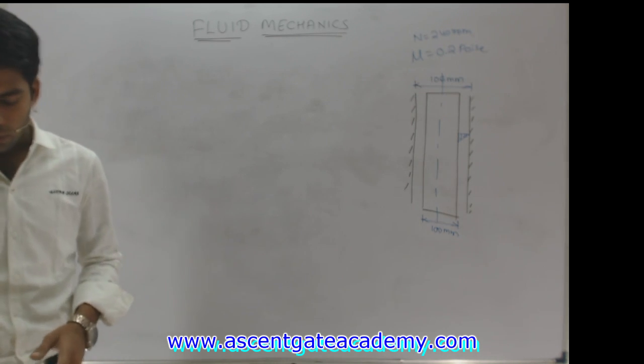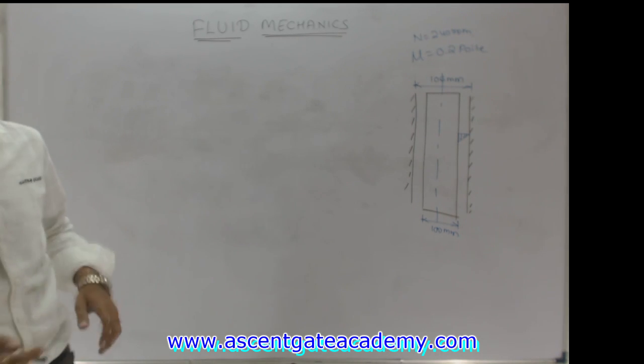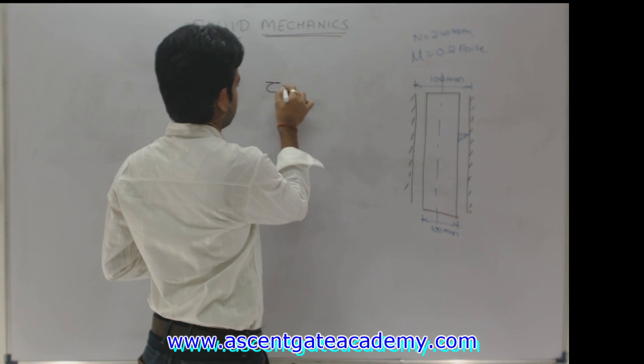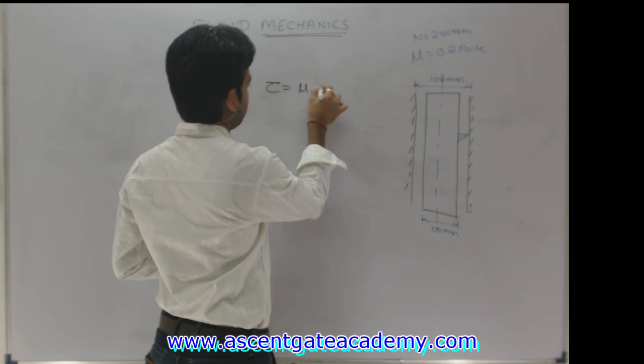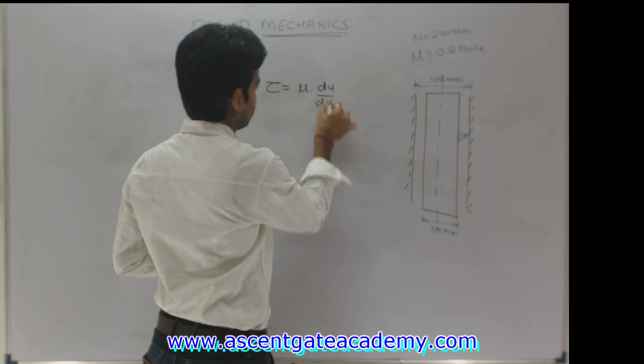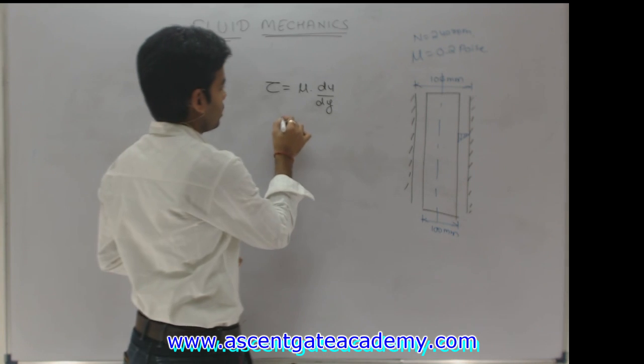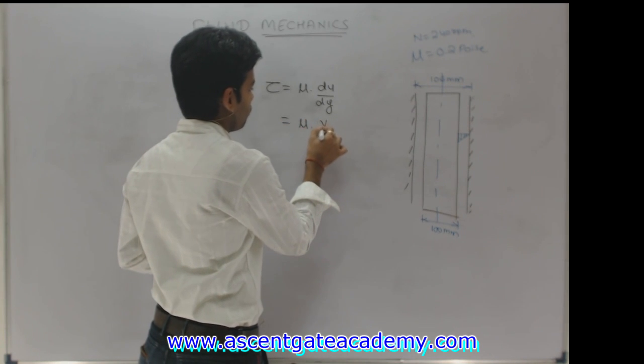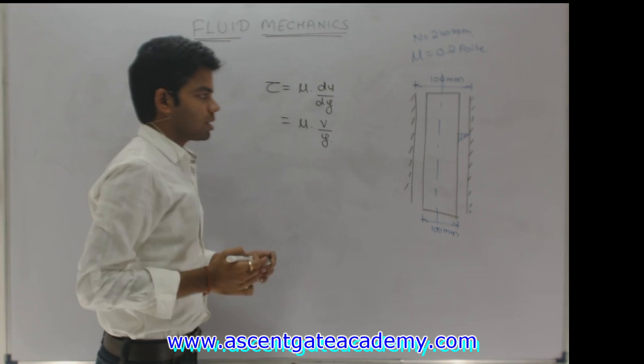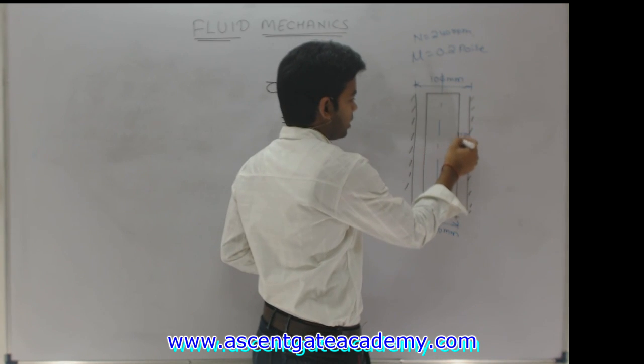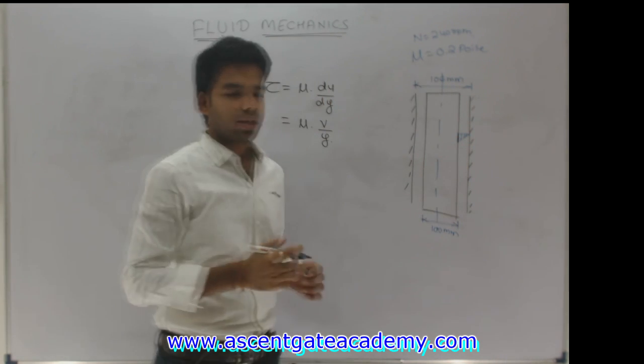Now what actually is the shear stress? Tau is equal to mu into du by dy, or you can say mu into v upon y. What is v? V is the linear velocity at the circumference of the shaft.